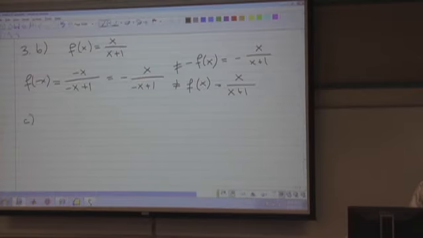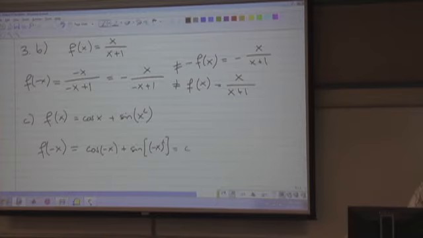Okay. F of x equals cosine of x plus sine of x squared. So f of minus x is going to be cosine of minus x plus sine of minus x quantity squared. So it's equal to cosine of minus x plus sine of x squared. Right? Now what happens with cosine of minus x?